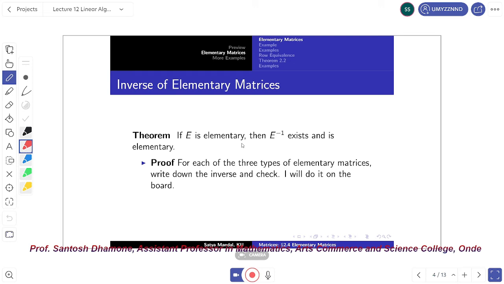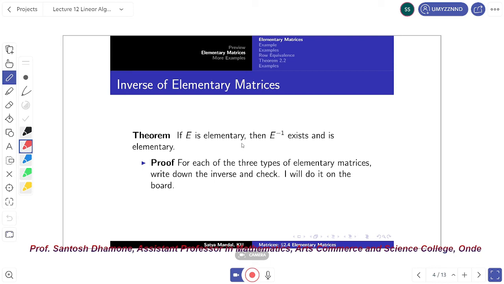This is the matrix I3 of order 3 by 3. We perform one operation on this: R2 plus 3R1. This is a row operation.